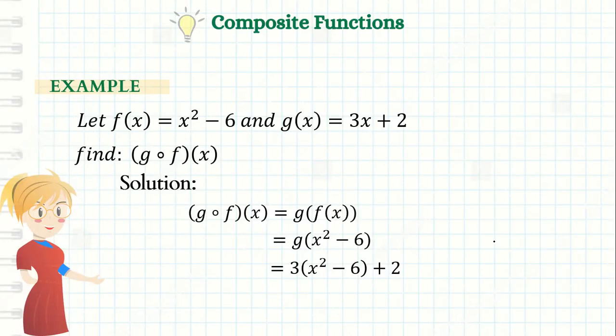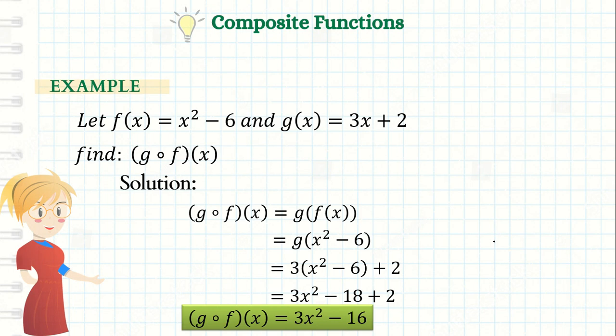Then distribute po si 3 sa loob ng parenthesis, which is the x squared minus 6. So magiging 3x squared minus 18 yan. Then just bring down positive 2. By combining the two constants, negative 18 plus 2, the result will be g of f of x is equal to 3x squared minus 16.